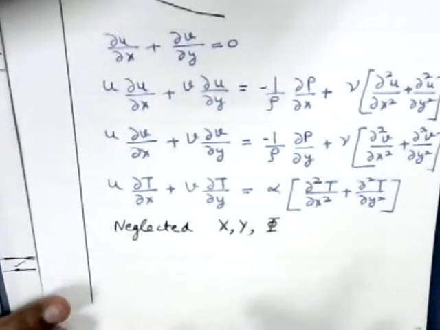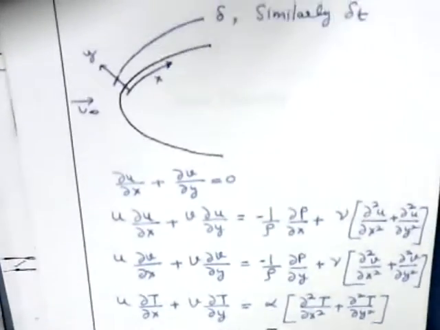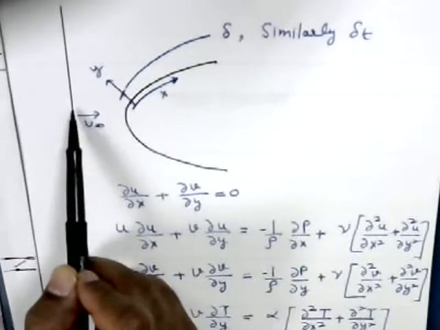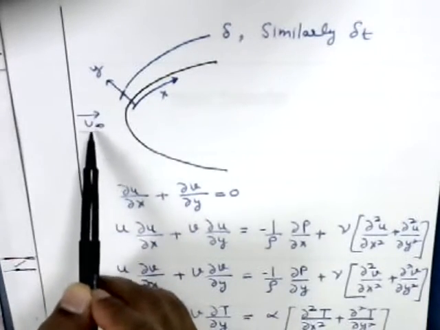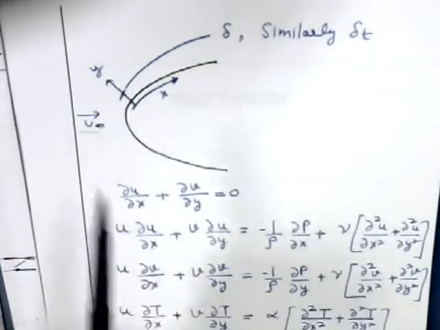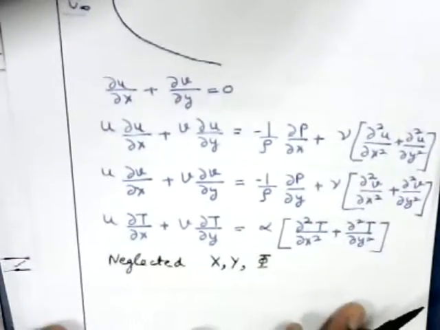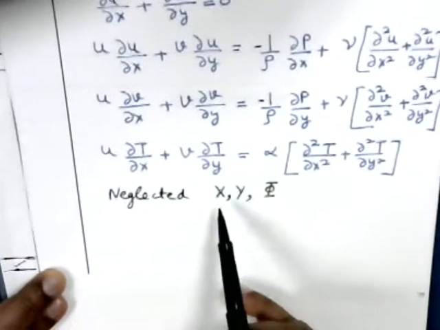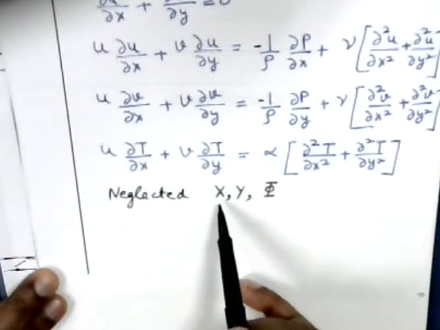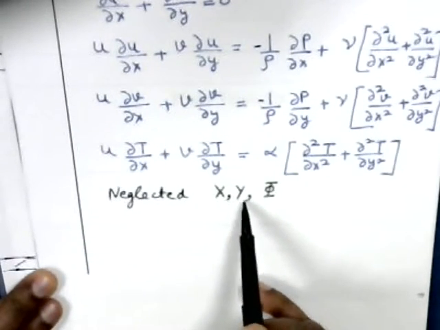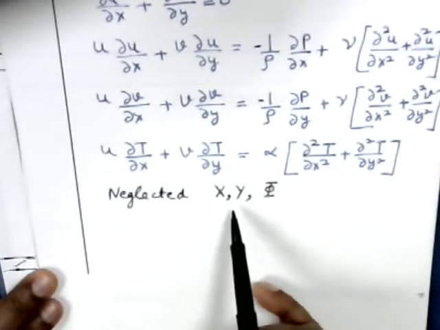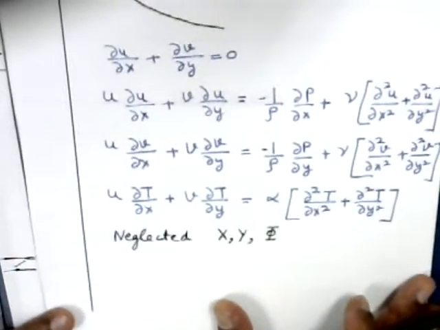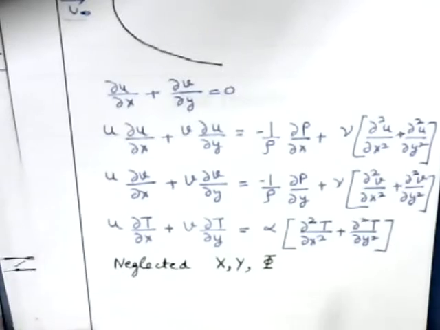If it is forced convection, there are external means of inducing this flow. For forced convection problems, the only body force you mostly have is gravity, and its effect is negligible. So I have neglected these terms. These are the equations.